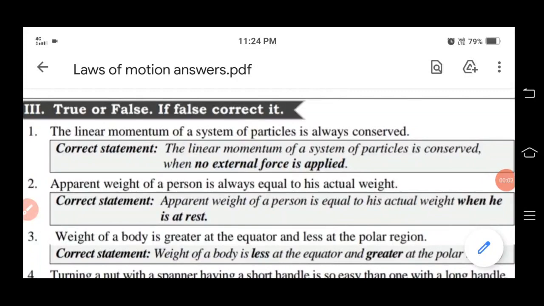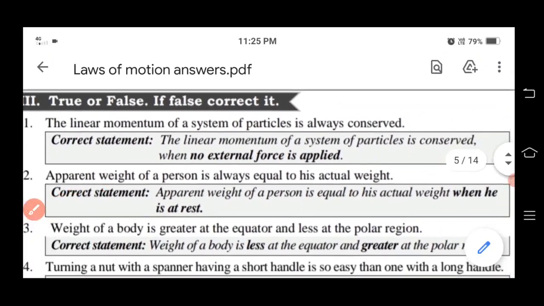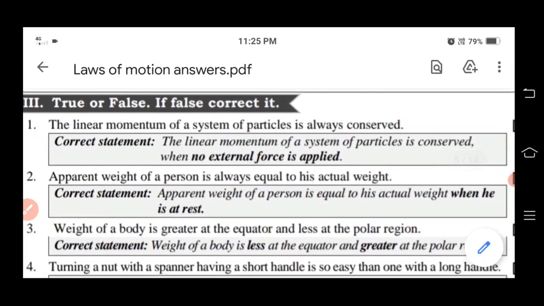Second question. The apparent weight of a person is always equal to his actual weight. The answer is false, because the apparent weight of a person is equal to his actual weight when he is at rest.